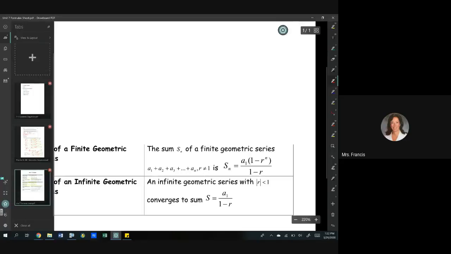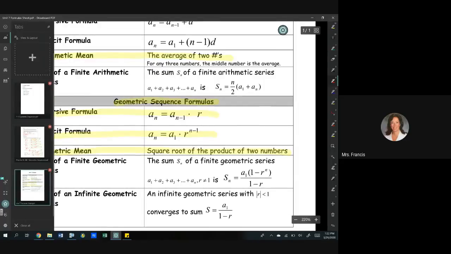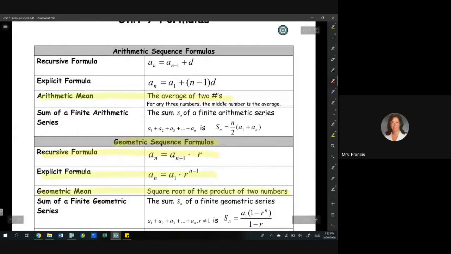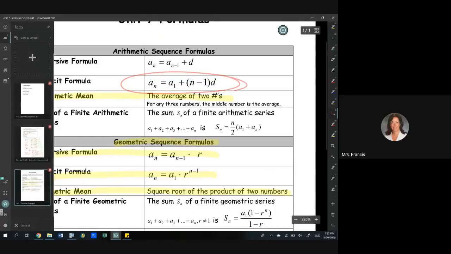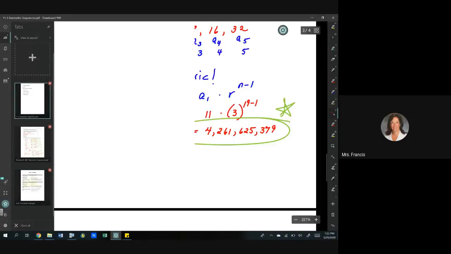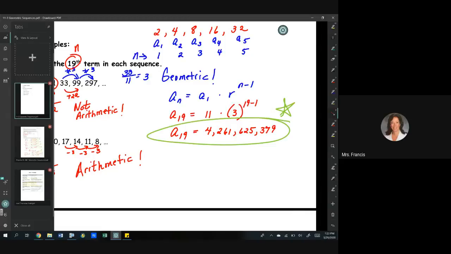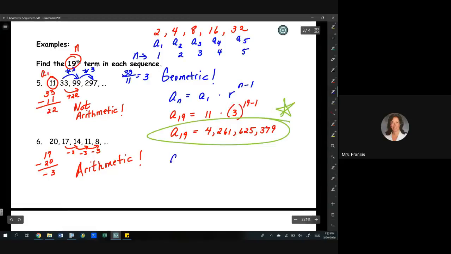So you go to your formula sheet. We're going to go to the top of the formula sheet for arithmetic formulas, and we're going to use the explicit formula, right? This guy right here. We're going to write that formula down. Always helpful just to rewrite the formula so we don't make any mistakes. The value of the nth term equals the value of the first term plus n minus 1 times d.